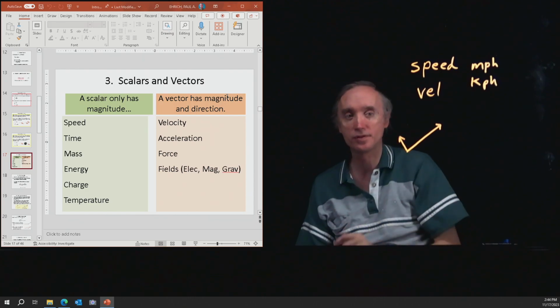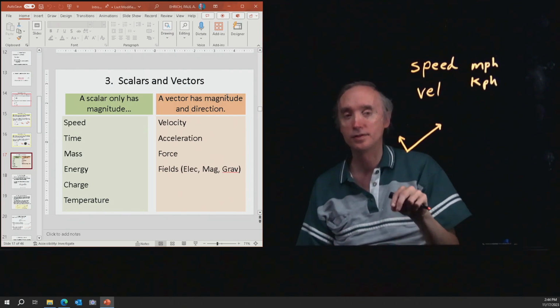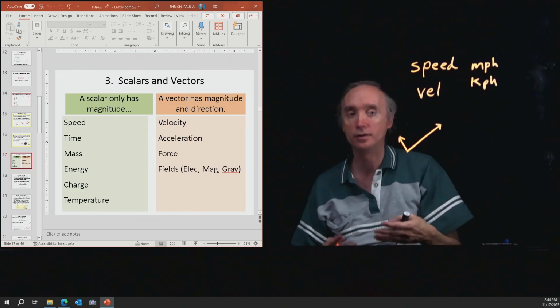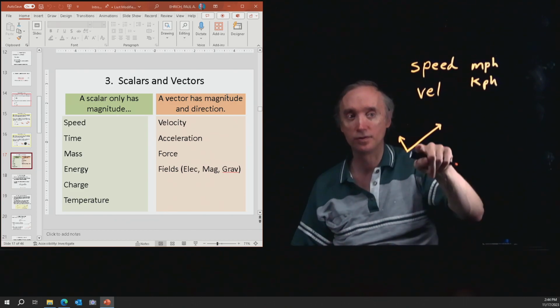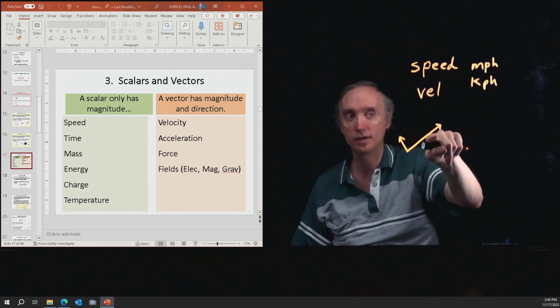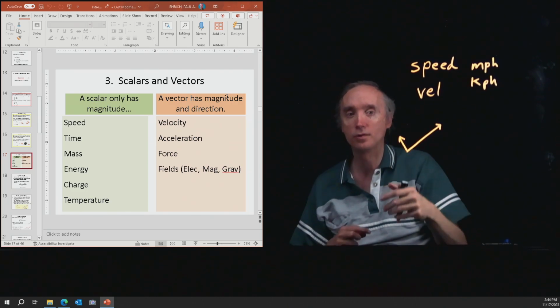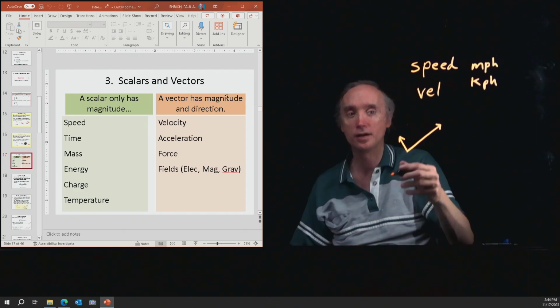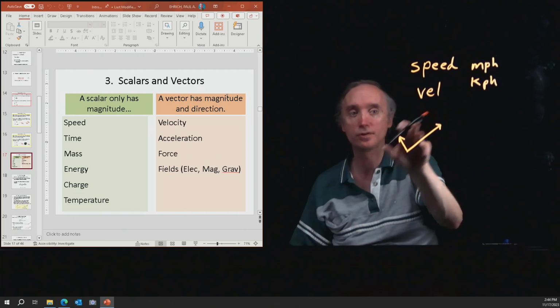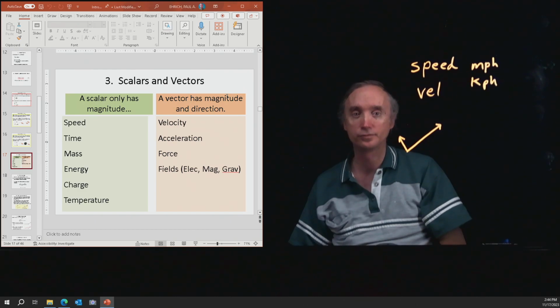Notice that I'm representing it with an arrow. The length of the arrow tells you how big the quantity is. So this would be a large distance, and this would be a small distance. These are vectors because it's a distance in a certain direction.